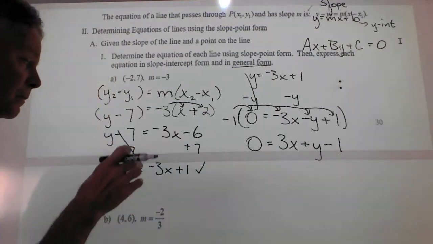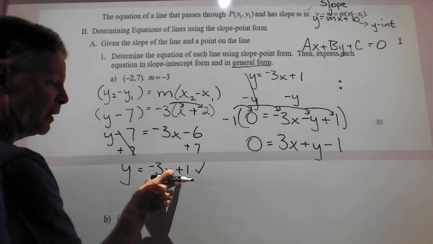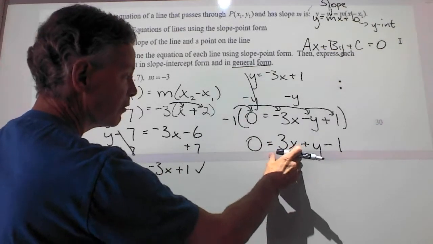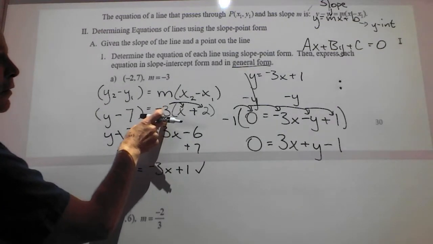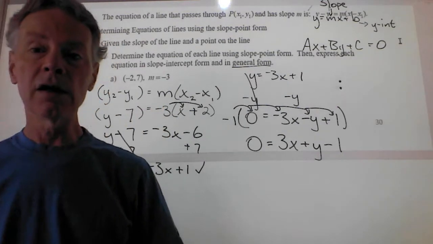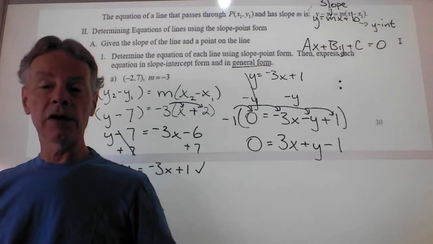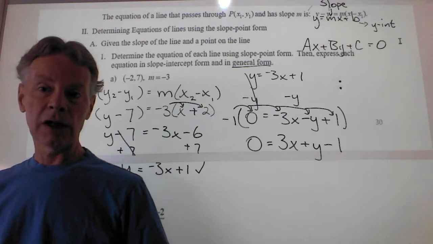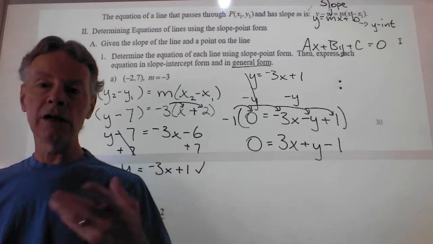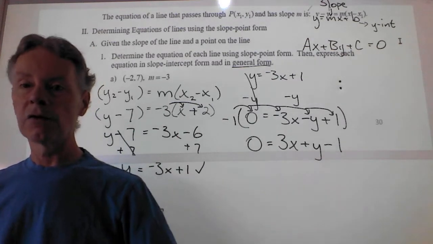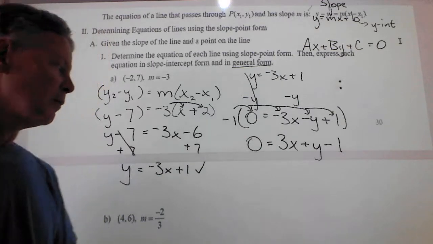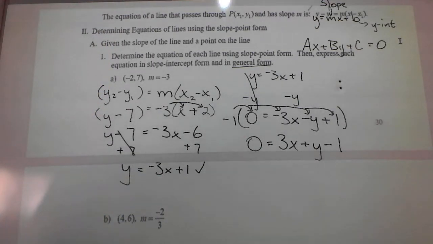Okay, so we've put it in slope-intercept form, we've put it in general form, and there's our original slope point form. So again, as I said at the beginning of the lesson, the idea of today's lesson is this ability to switch from one form to the other of your three forms of the equation of a line. Okay?